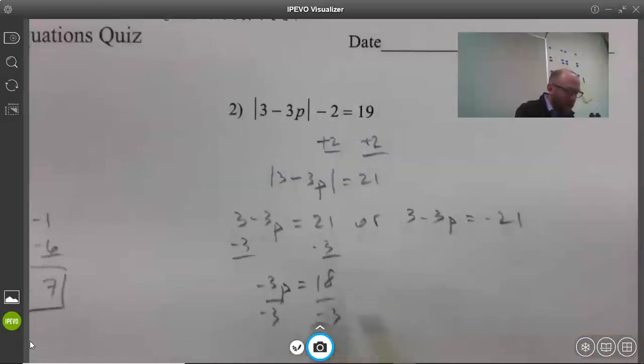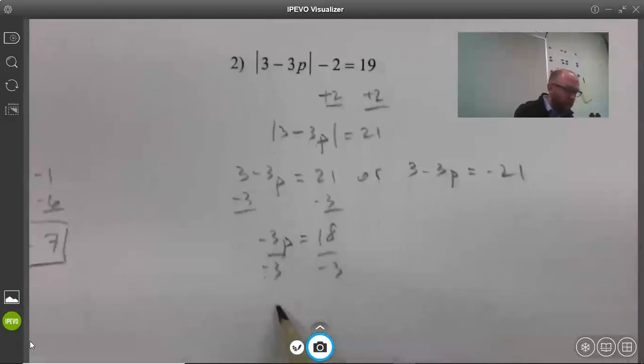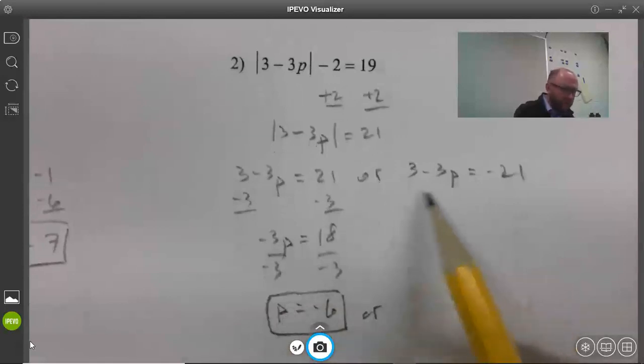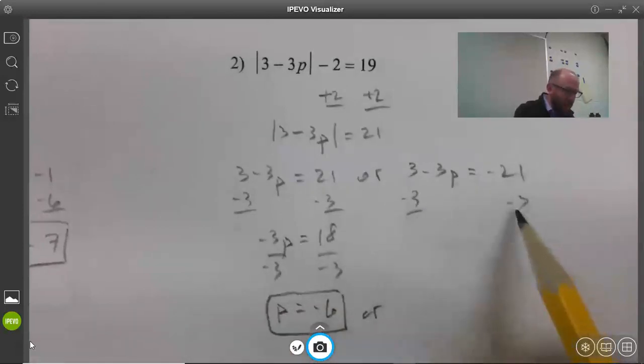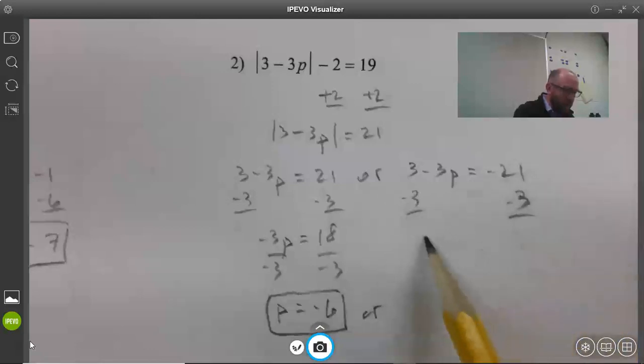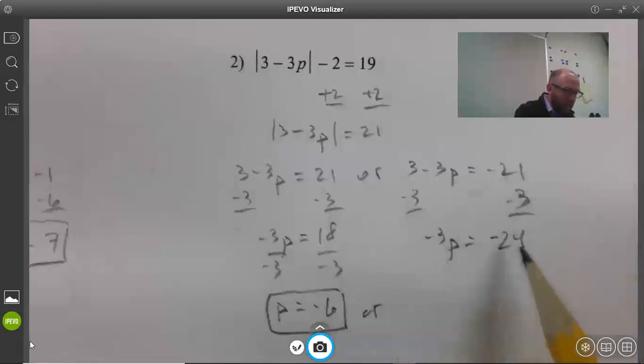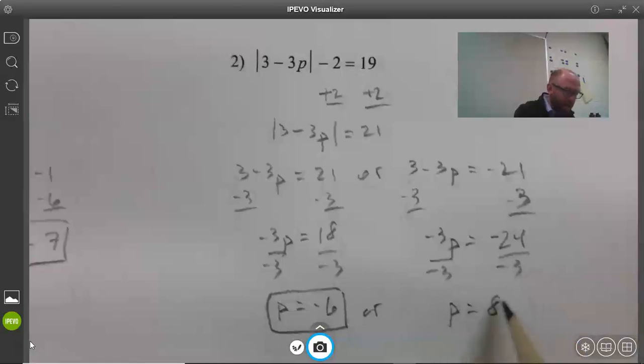I divide by negative 3 on both sides, and I get p equals negative 6. Or, on the other side, I subtract 3 from each side, and I get negative 3p equals negative 24. I divide by negative 3 on each side, and I get p equals 8.